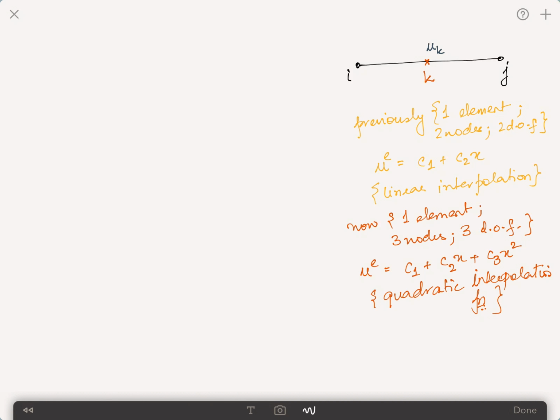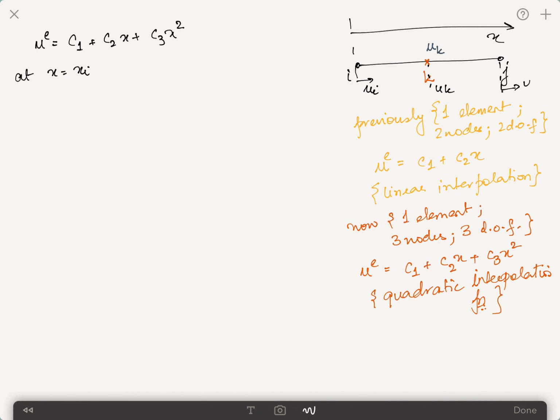So now the rest of the process still remains the same. Let's start with the approximation function. So we have C1 plus C2x plus C3x square. We know that at x is equal to xi, because this is in the direction of x, so you have ui, uk, uj.